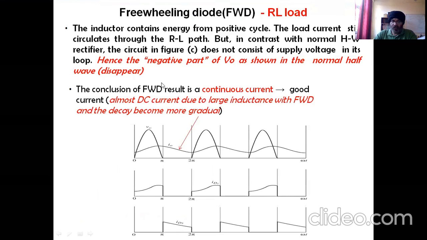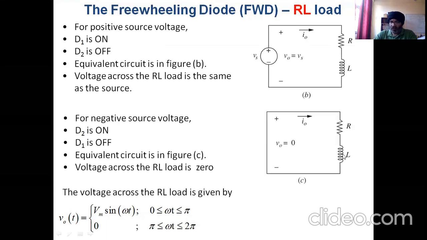So due to this, in the negative half cycle, the diode is simply turned on. No presence of supply over here. If the supply is gone, the negative half cycle is completely gone. So whatever we have at the inductance, we get at the output.